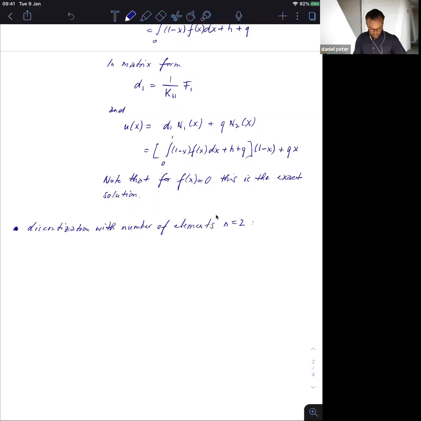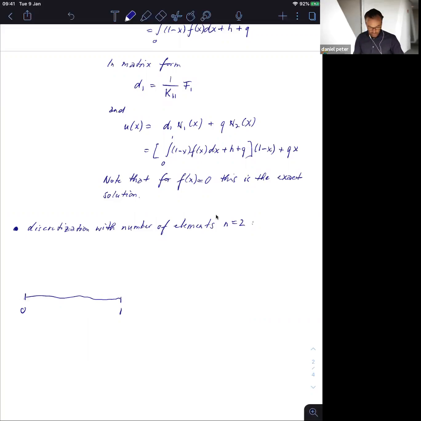Let's do a little sketch again. It's hard to get a straight line on the iPad. Always bump over the boundary of the iPad. Good, so we want to have two elements.